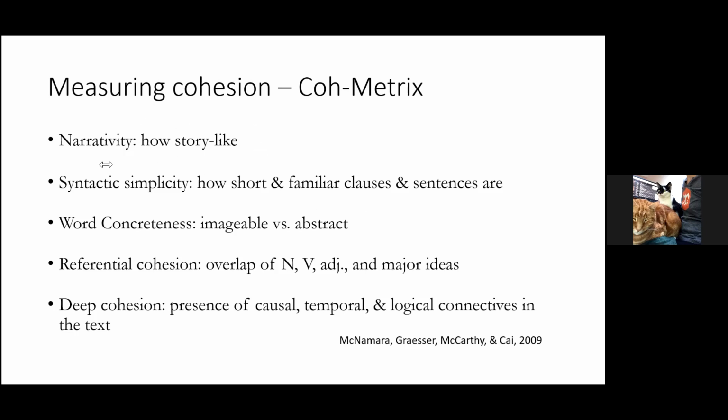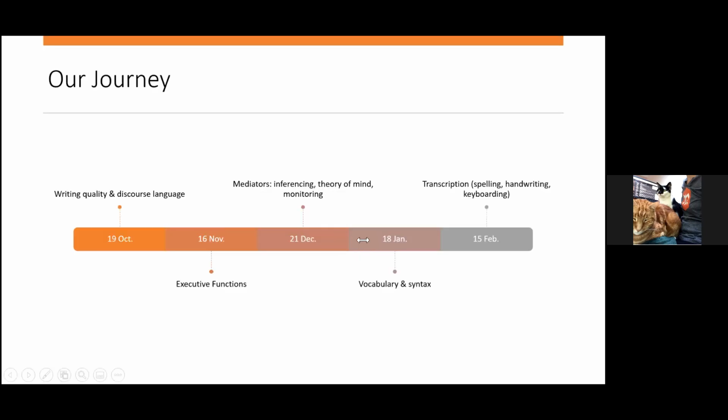So a lot of these things that we're measuring in Coh-Metrix, I'm really excited to kind of prelude to next month. We're going to talk about vocabulary and syntax, which is probably my most favorite of the topics that we're going to talk about. And we have some papers where we've used Coh-Metrix to more precisely measure vocabulary and syntax.